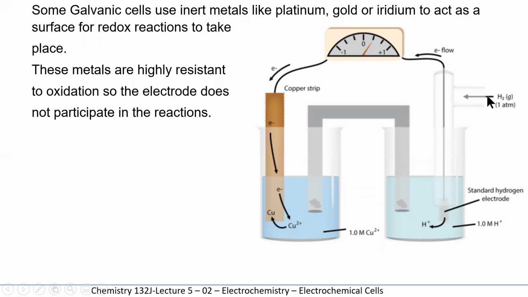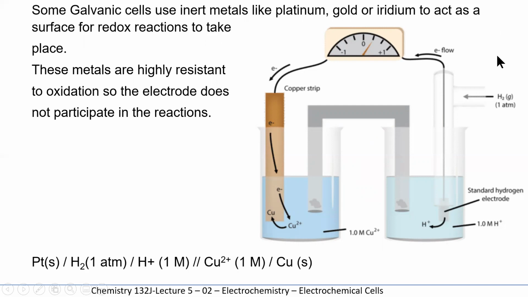What we're doing is bubbling in hydrogen gas at a pressure of 1 atmosphere, and there's a reaction happening at the surface of the platinum electrode in which the hydrogen gas is changing into hydrogen ions. We can depict that with this descriptor. It shows there's a platinum electrode, and again, oxidation's on the left. So the hydrogen gas is oxidized to hydrogen ions, and the copper ions are being reduced to copper.